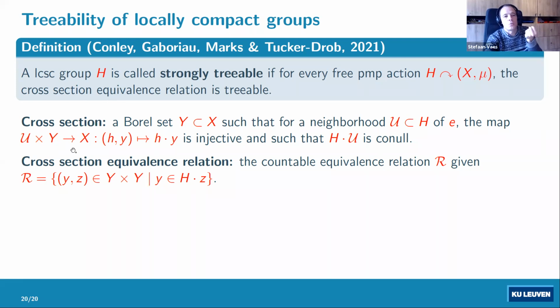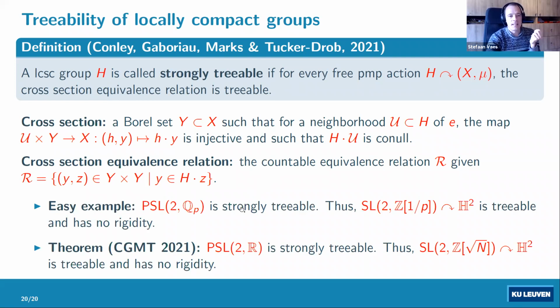And Y is not too small, in the sense that the saturation of Y under the group action has a complement of measure 0. Now, such a thing always exists. That's not completely trivial. It always exists, and I can restrict the orbit relation to Y, and that induces a countable equivalence relation on Y. And that's the way in which even actions of locally compact groups give rise to countable equivalence relations, and give rise in a canonical way to Cartan subalgebras in the cross product.